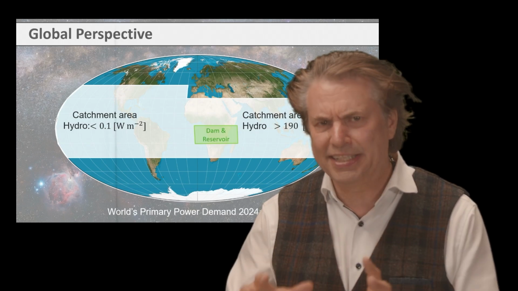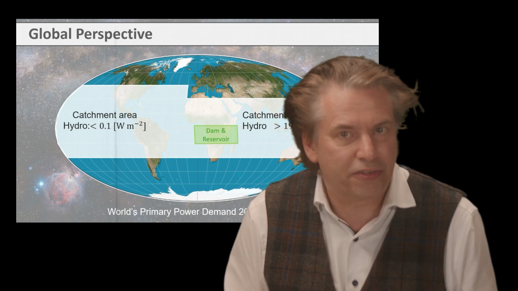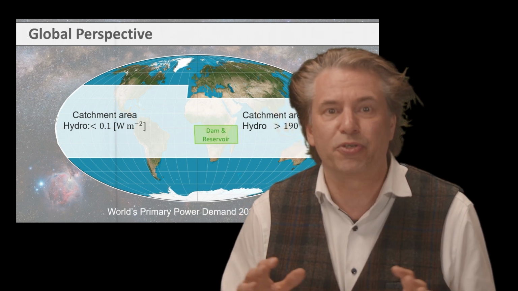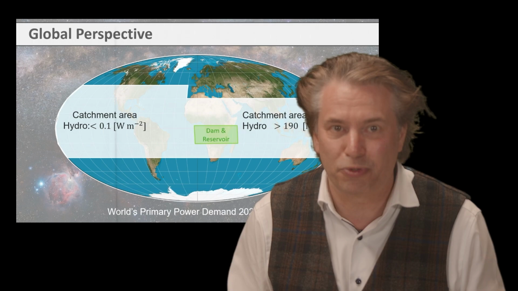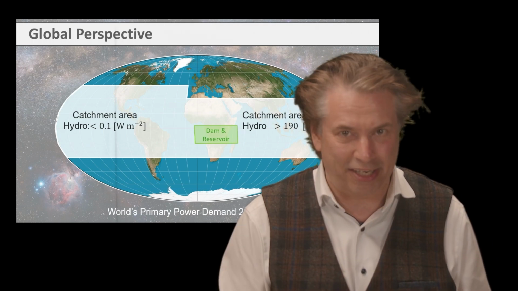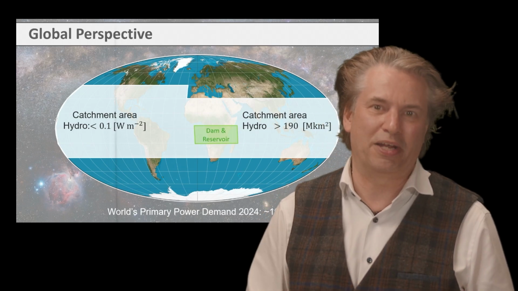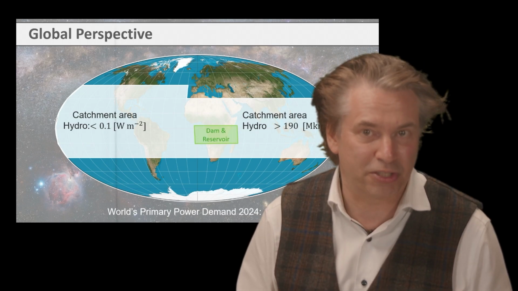To generate 19 terawatt in an equivalent hydroelectricity, at least 37% of the planet's surface should contribute to the catchment area, the size indicated by this white area. Note that this is larger than the total land area of planet Earth, which is around 30%.